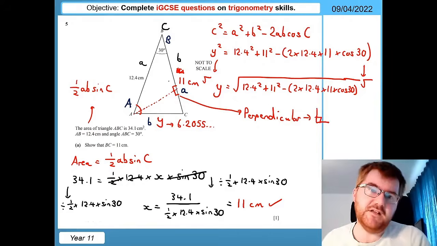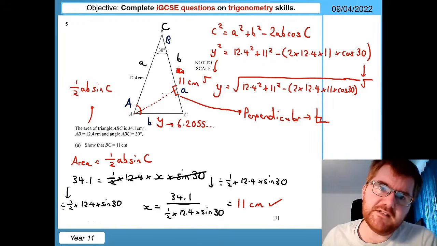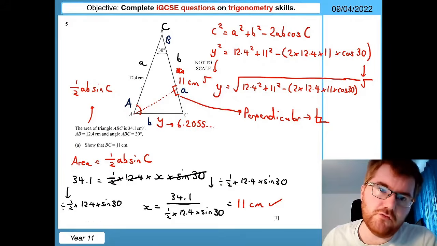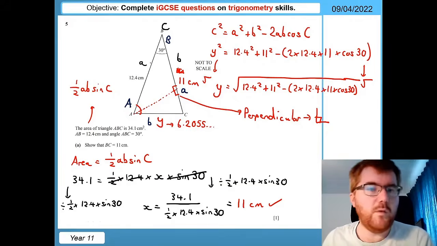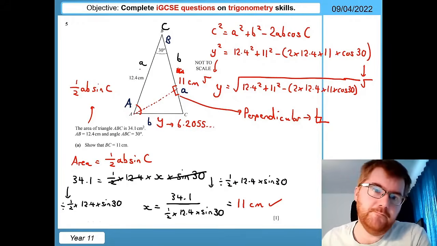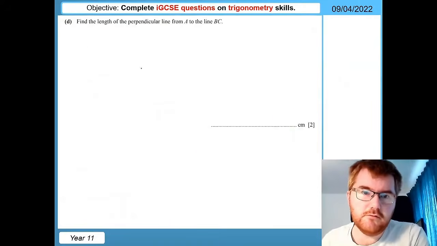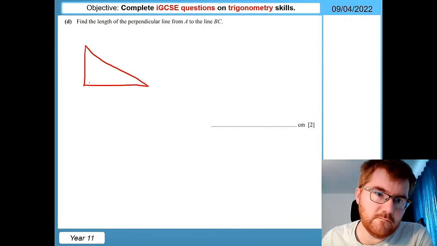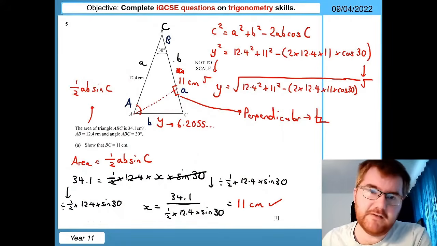Okay, so what I tend to like to do in these kind of questions is separate the problem just so I can see what's going on. So what I'm going to do is draw this triangle at the top here with the information that I know. So I'm going to rotate it round. Okay, so that's my right angle here.